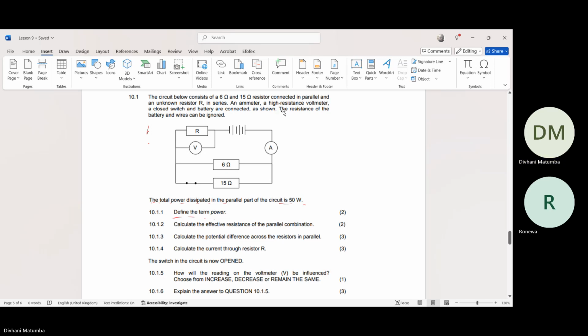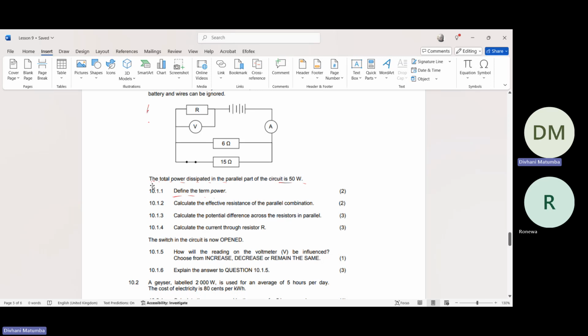The resistance of the battery and the wire can be ignored. The total power dissipated in the parallel part of the circuit is 50 watts. Define power.